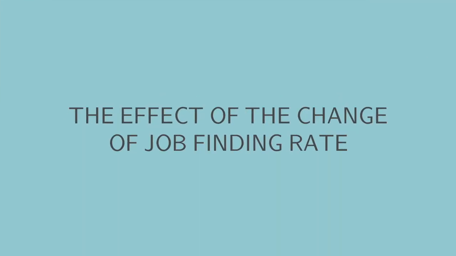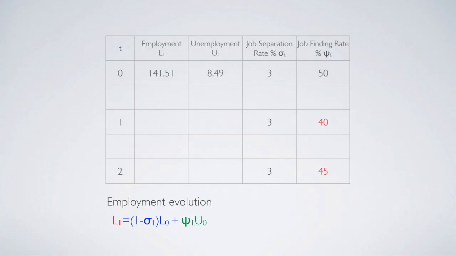From the data observation, we know that the job finding rate is the key element that moves unemployment rates around. So in the following topic, we are going to see how the change of job finding rate affects the unemployment dynamics. We start from the steady state unemployment and employment rate.